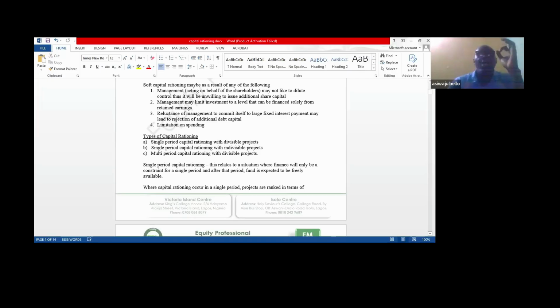What is single period? This relates to a situation where finance will only be a constraint, will only be a limitation for a single period, just 1 year.